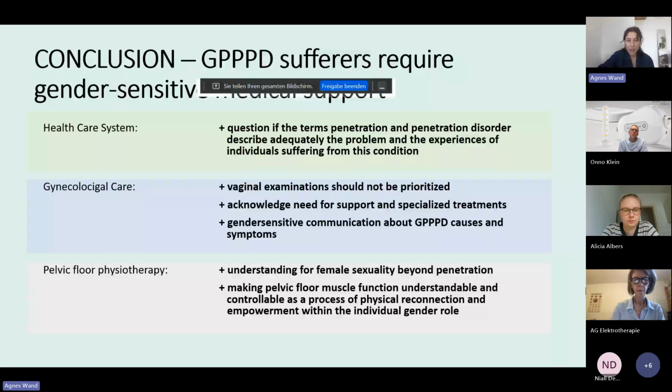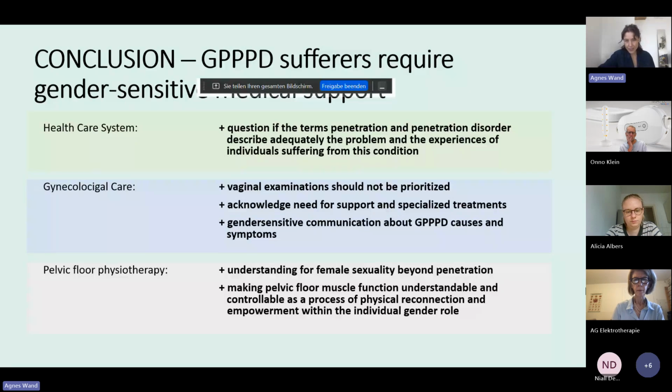And within gynecological care, it should be taken into account that vaginal examinations should not be prioritized for every individual coming to the gynecologist. It should also be acknowledged that there is a need for support and specialized treatments for people who suffer from pain with intercourse. And there should be gender-sensitive communication about GPPPD causes and symptoms, and also the social context.